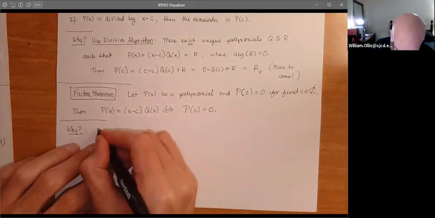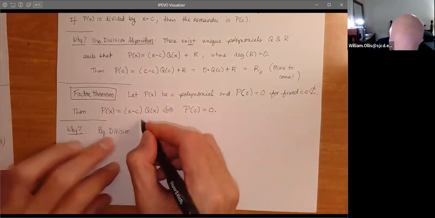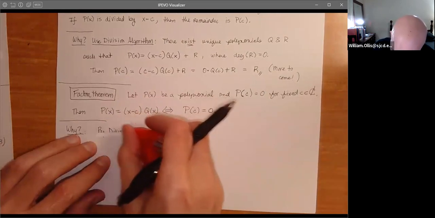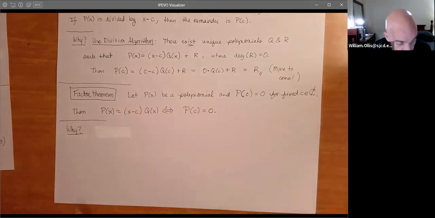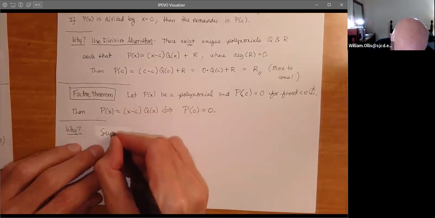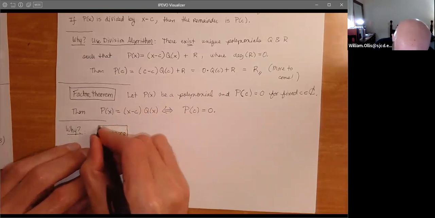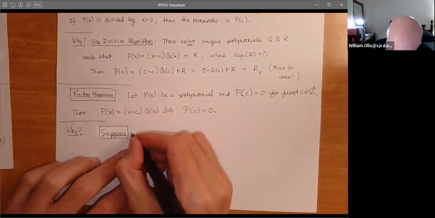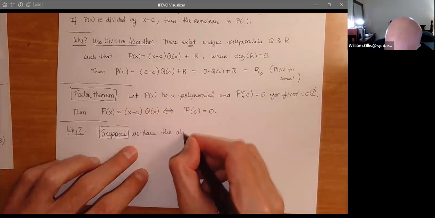So we're going to say again, by the division algorithm, well, let's just say this. Let me write this first. Let's make this assumption. We'll do it in just one swoop. Suppose, in this particular case, that we have the above hypotheses.